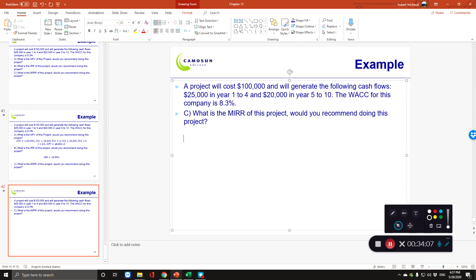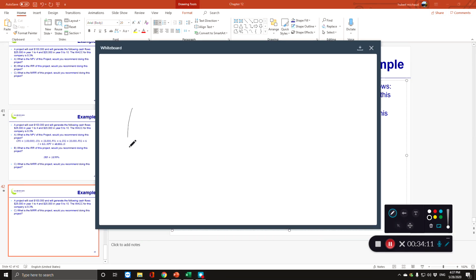Okay, so what we want to do in this specific case, if I make my timeline here, we have time 0, time 1, all the way to time 4, time 5, all the way to time 10. Initially I get a cash outflow of negative $100,000.